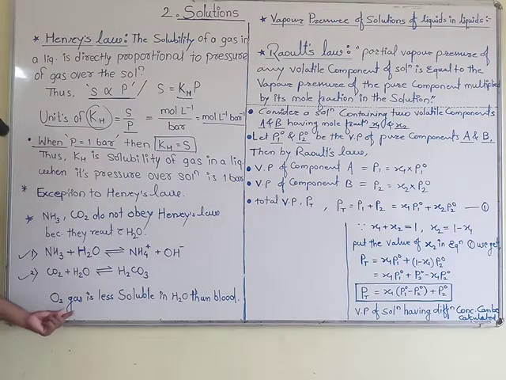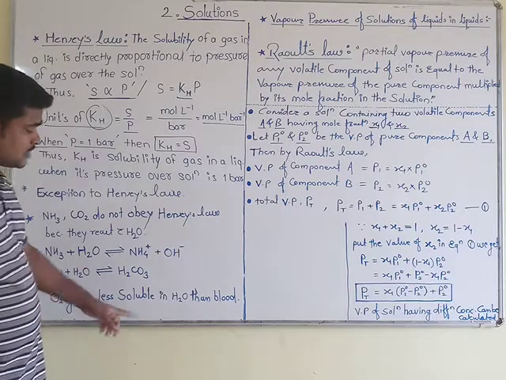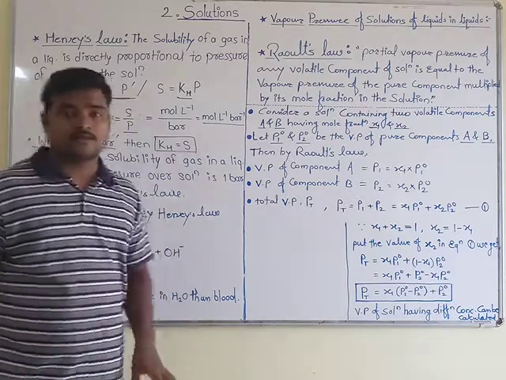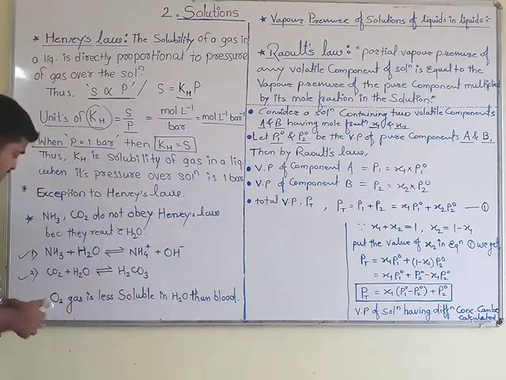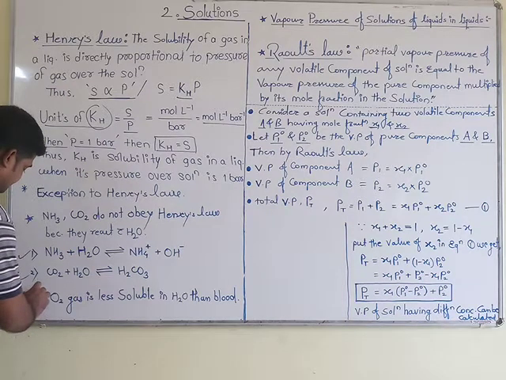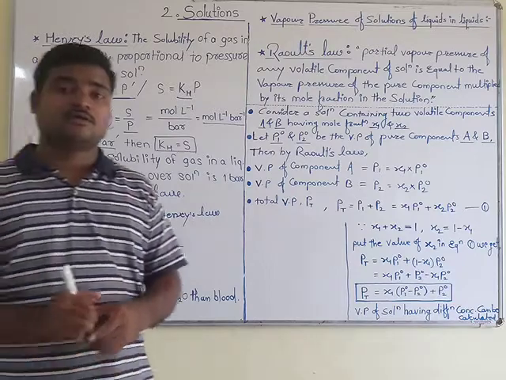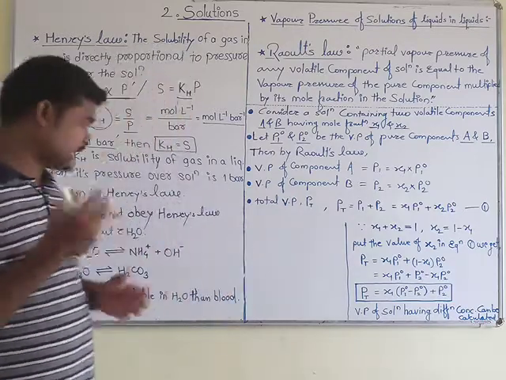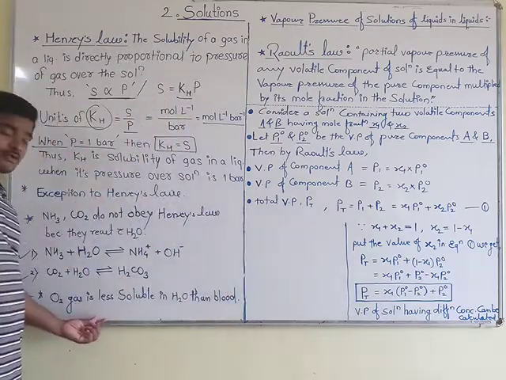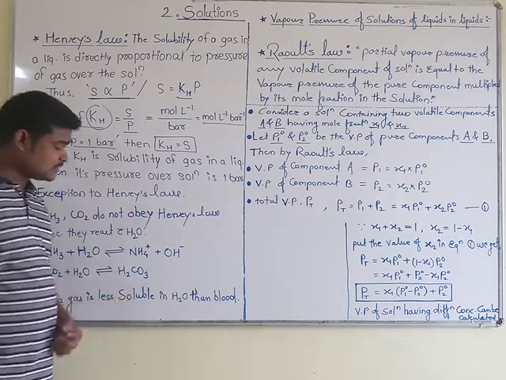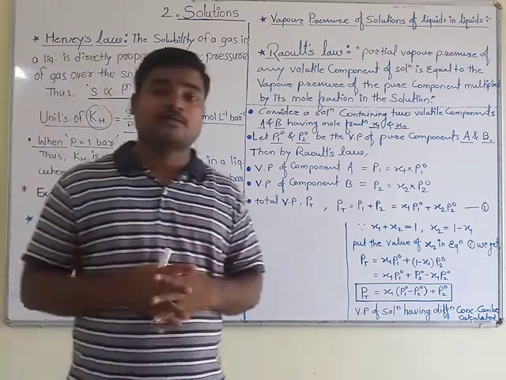Again, oxygen gas is less soluble in water than in blood. This is a question we can put: do you know or can you think why this is happening? O2 gas is less soluble in water than in blood. Why?